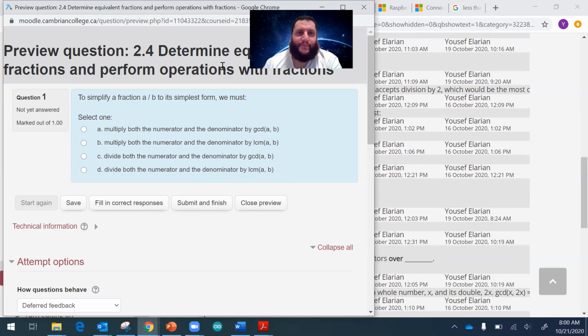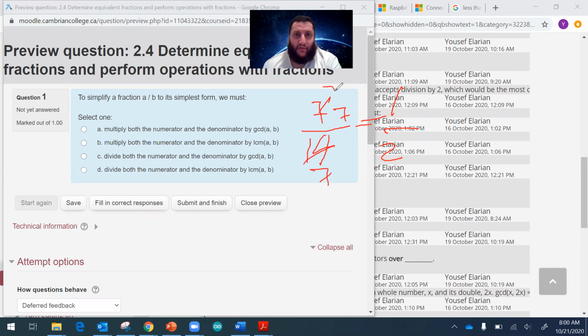Let's take an example. If I want to say 7 over 14, this is obviously not the simplest form, and the simplest form might be half, 1 over 2. We divided both by 7. What is 7 in this case? Is it a multiple common to 14 and 7, or is it a divisor common to 7 and 14?